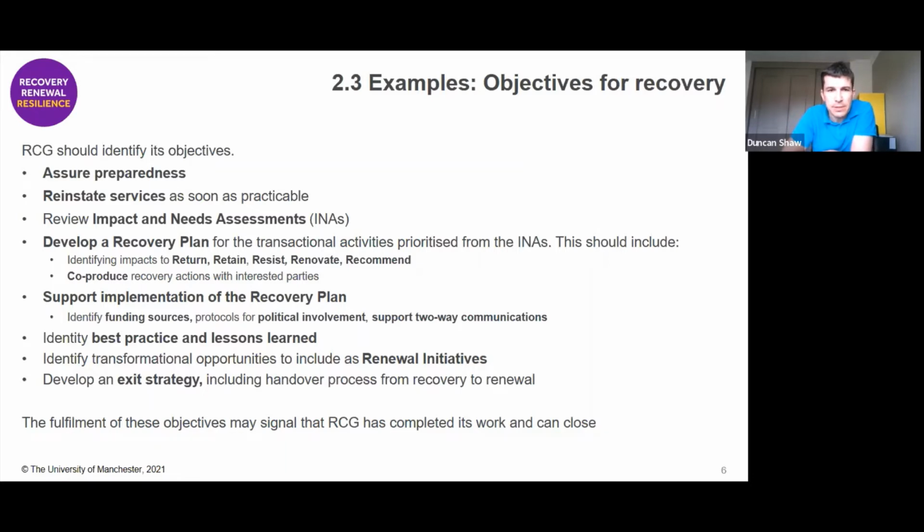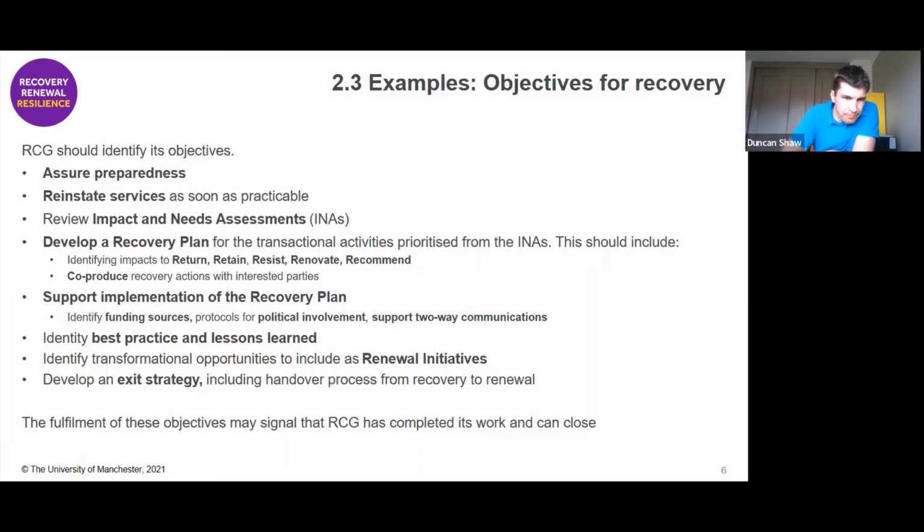How do we resist some of the challenges? How do we renovate and change things to move into this new state that we want to? And what sorts of things do we recommend to the renewal? It might not be the job of RCG to progress renewal, but it will be their job to make recommendations to a renewal group if that exists.